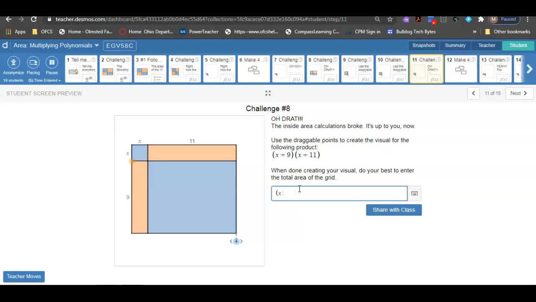Again, they gave us the area as a product. And the other way we can calculate the area is as a sum. This top blue box here has one dimension of x and another one of x. Length times width, x times x, is x squared.